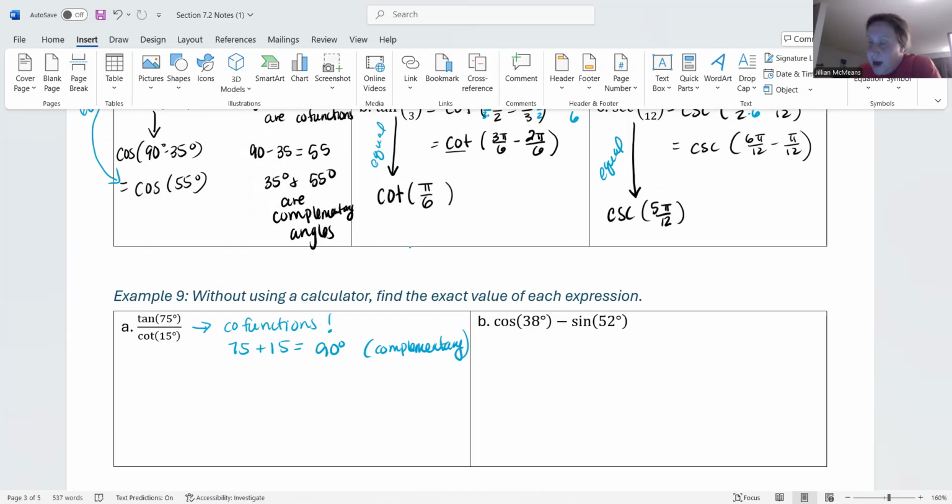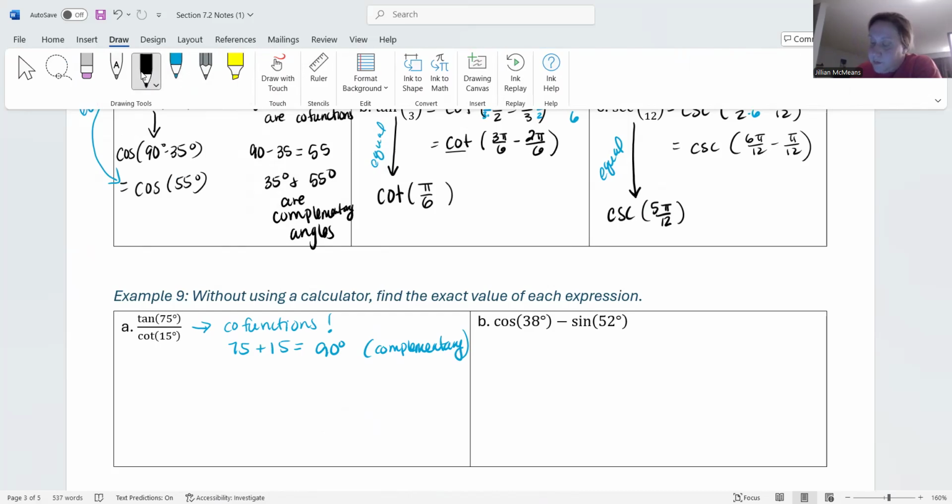Okay, so that tells me that I want my numerator to stay tangent of 75 degrees. Well, I need to convert cotangent into something using tangent. So I know the relationship between cotangent and tangent with complementary angles is that cotangent of 15 equals tangent of 90 minus 15.